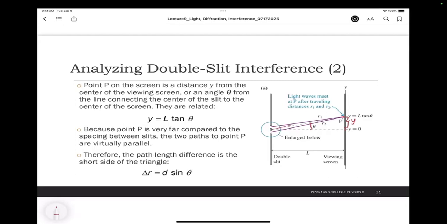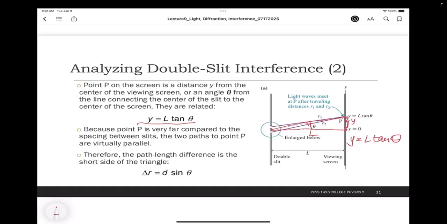So y equals what? This is L, this is y, so y equals L tangent theta, from this triangle. Does it make sense to you?